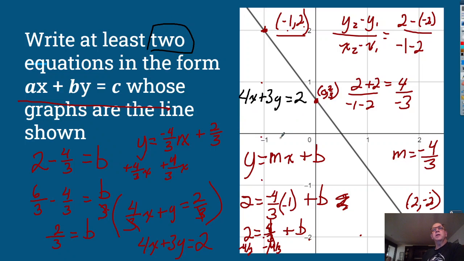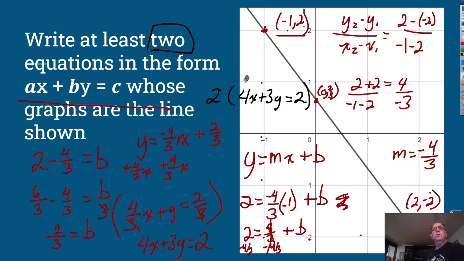How do I get a second equation that I know is going to be the same line? Well, we just saw it before. If I multiply everything by a number, any number, I'm going to have an equivalent equation that graphs the same line. So I'm just going to multiply by a really simple number. I'm going to multiply by 2.